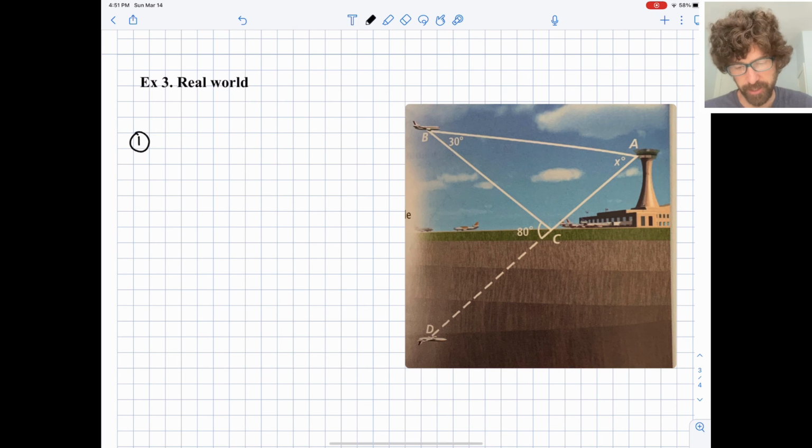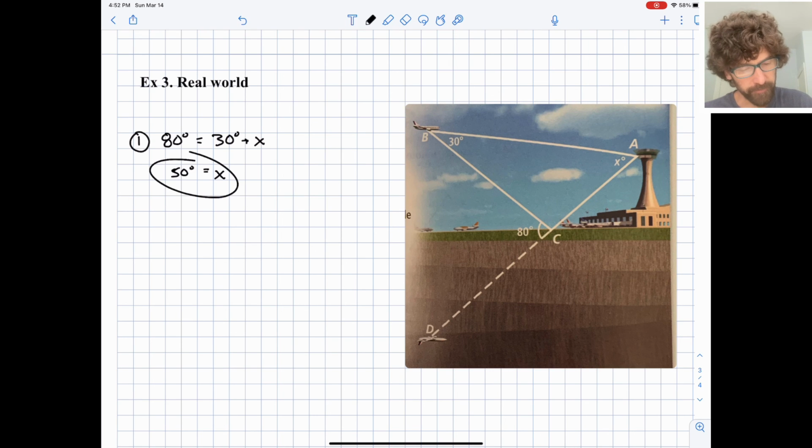First we'll use the exterior angle theorem that says that 80 degrees has to equal the sum of the two remote interior angles. We can subtract 30 from both sides and get x is equal to 50 degrees. If you happen to forget that theorem though, we can find this angle right here and call it y. You should always remember that 80 plus y is 180 degrees. Those are linear pairs, supplementary angles.